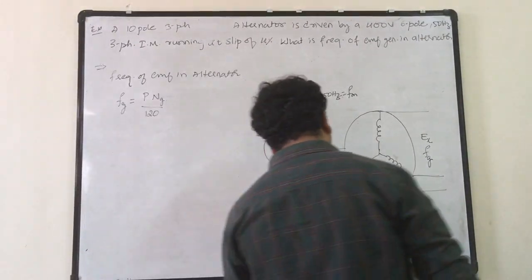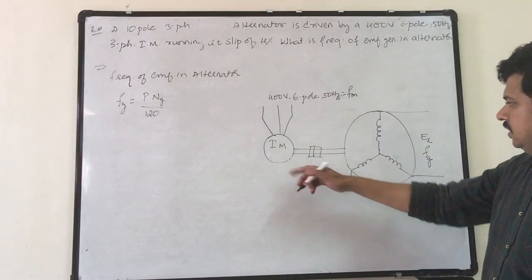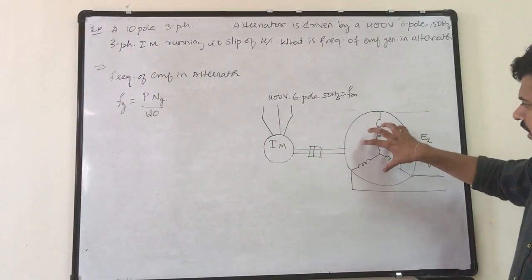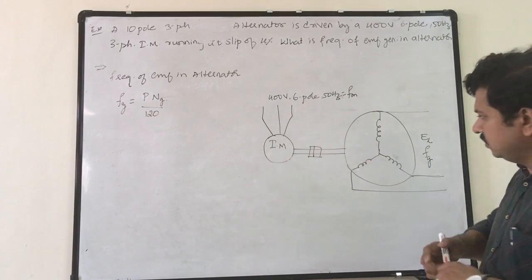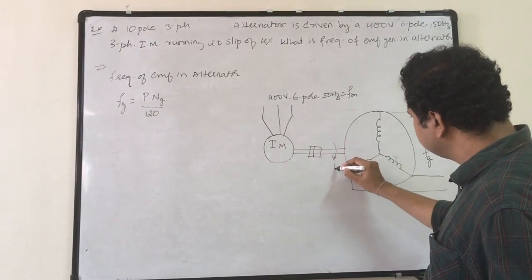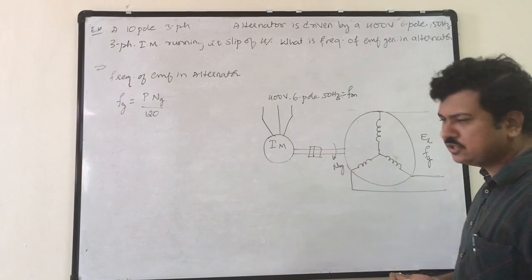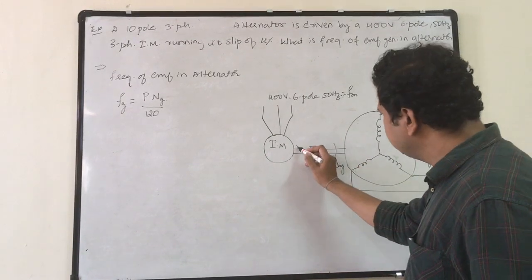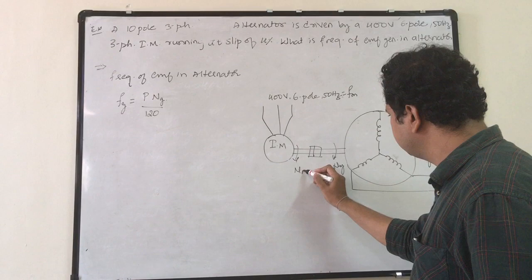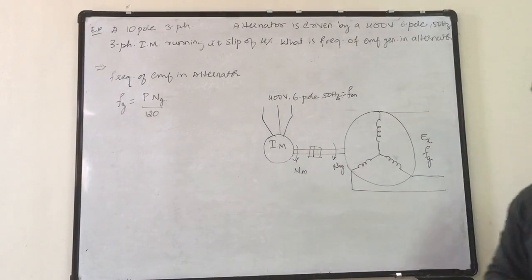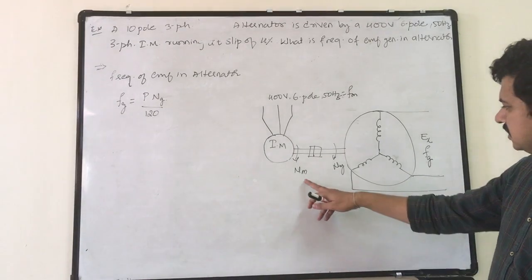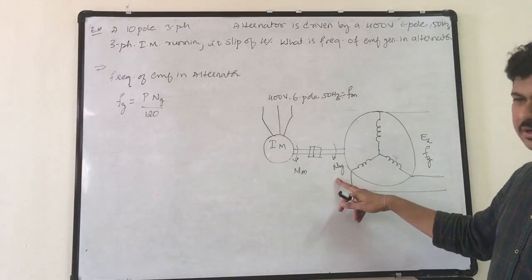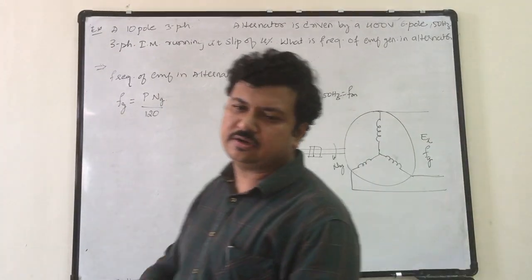Now observe, the mechanical energy required by the generator is obtained from the motor. So the speed at which generator is rotating is nothing but the speed at which motor is rotating. So if I find the rotation of the motor, I will get the speed of the generator. Once I get the speed of the generator, I can get the frequency of the generator.